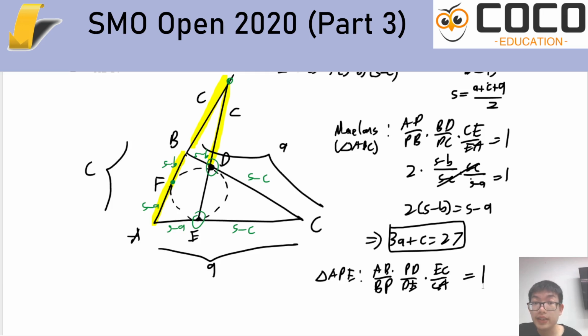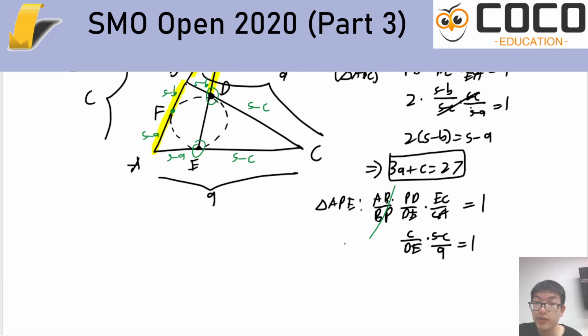Now likewise, this AB over BP is going to cancel, so at least one of them is gone. PD over DE, and then EC and CA. CA is just 9. So therefore, that gives me something involving DE.